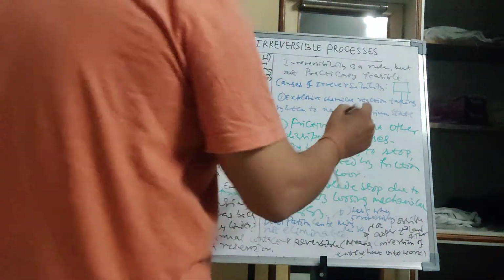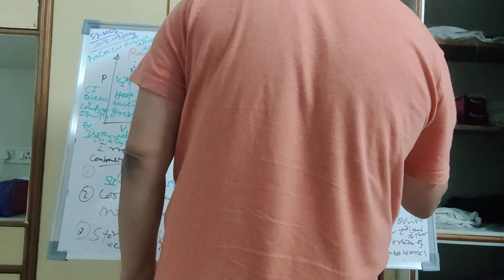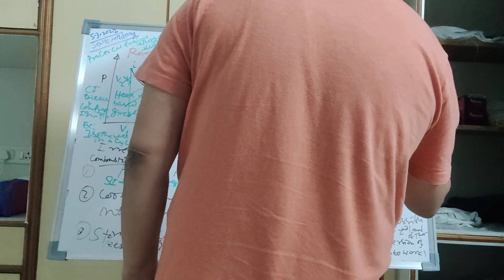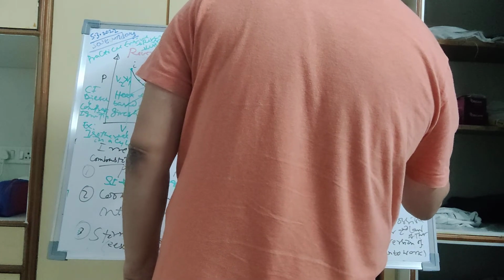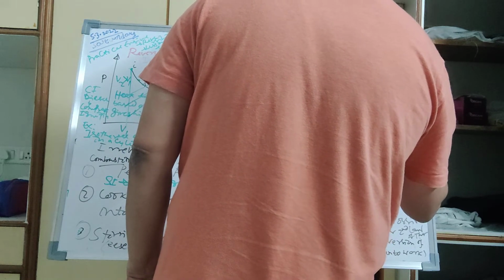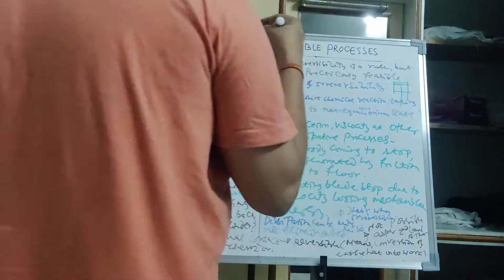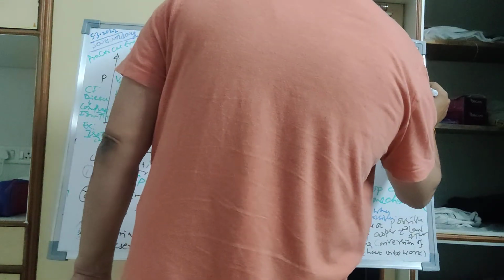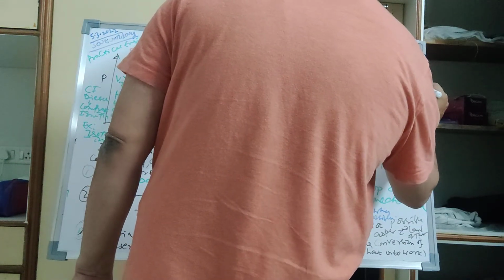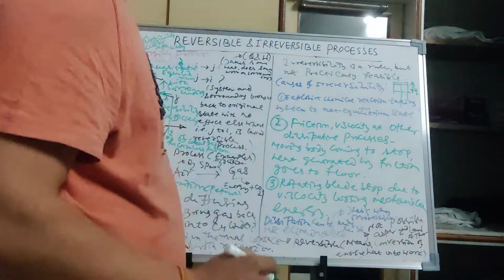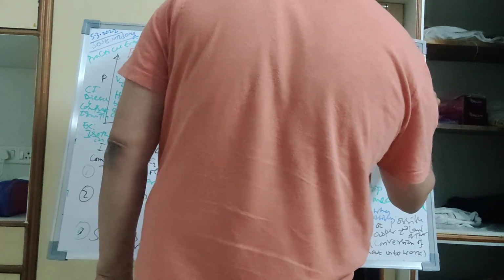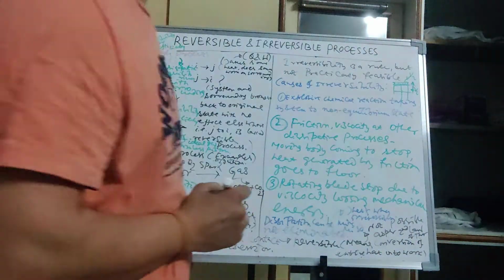Initially, let us say the total volume is Vi. Then this piston moves and goes to this condition. So this little volume is equal to V2.